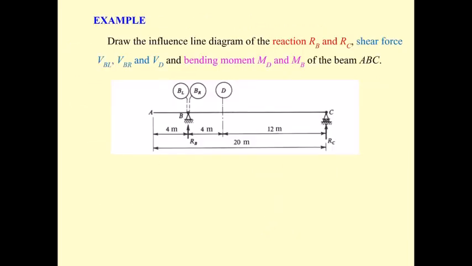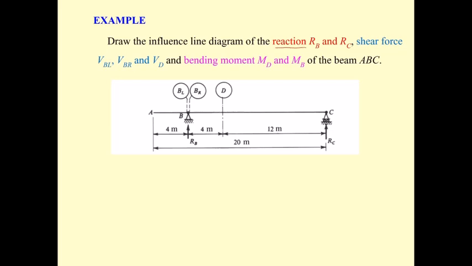Okay, let's go to some examples in order for you to get used to the Müller-Breslau principle. We will use this principle many times in our study. We're going to draw many things.